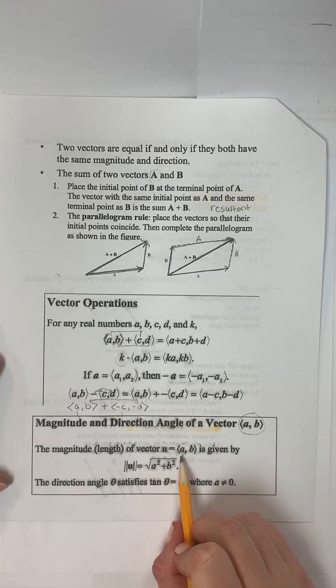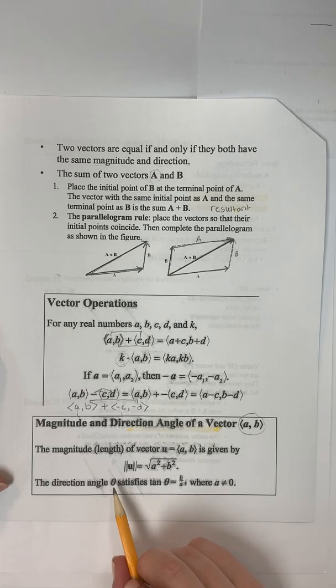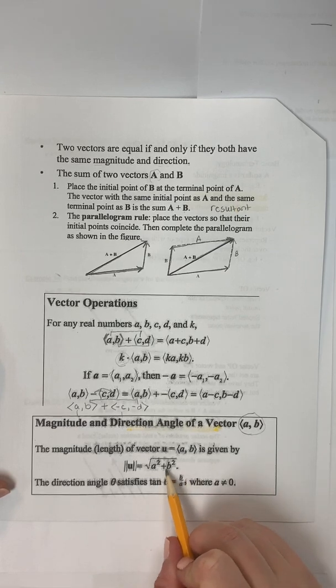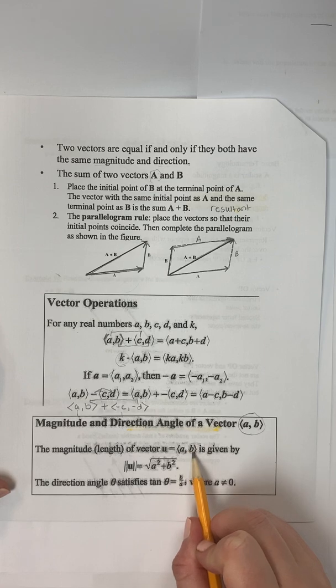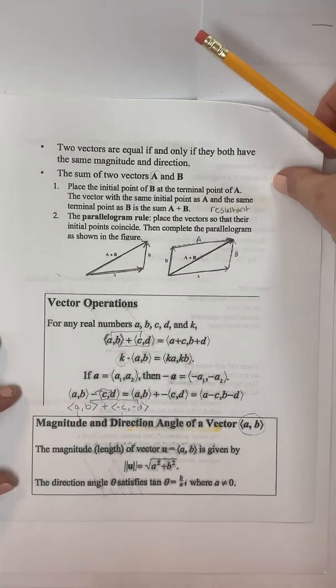All we're going to do is take the square root of each part of the vector. And it's always positive. To get your theta or your direction angle, you're going to take tan theta equals the B, the Y component, divided by the A component, and that will help you find your theta. Remembering also that sometimes you have reference angles, so you need to be conscious of your quadrants so that you're in the right place.